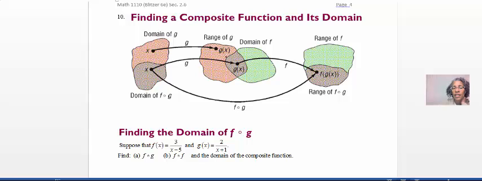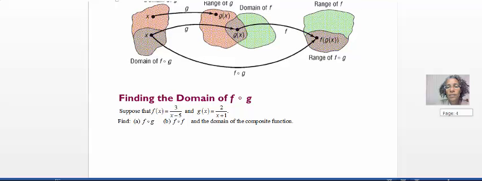I'm going to put that into f. So g of x has got to be in the domain of f. So notice you may wind up with a much smaller set of values than what the domain of g is and what the domain of f is. That's kind of what these shaded illustrations are.